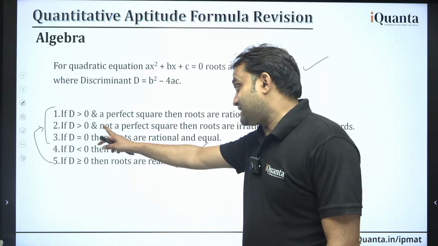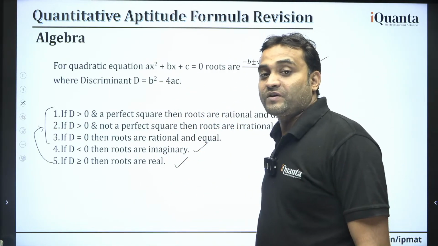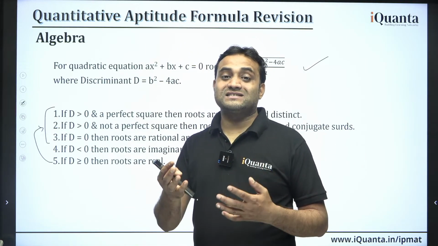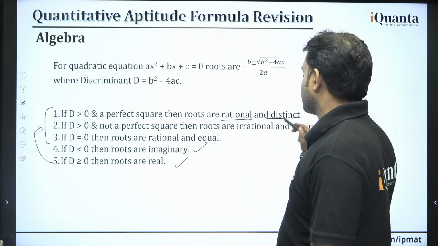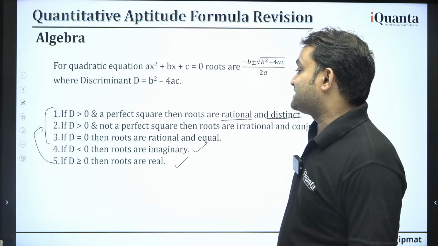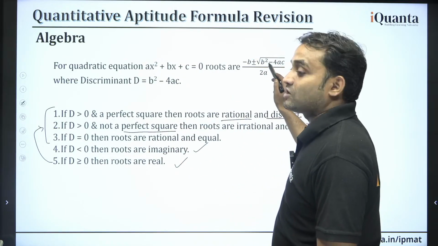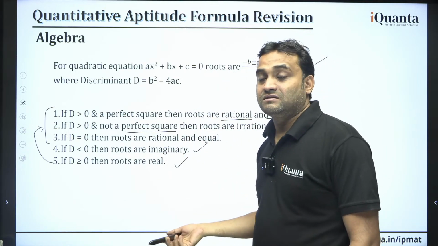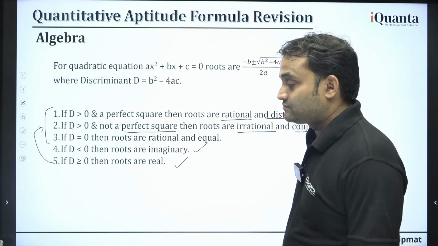If d is greater than 0 and a perfect square, that means we get a rational number outside the root, so in that case roots are rational and distinct. If d is greater than 0 and not a perfect square, the square root becomes irrational, so both roots will be irrational and conjugates.